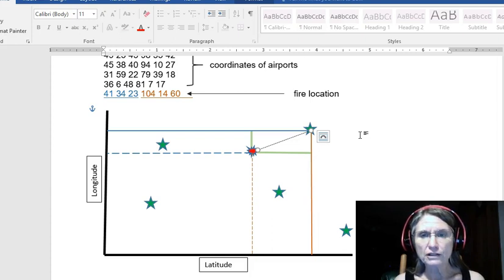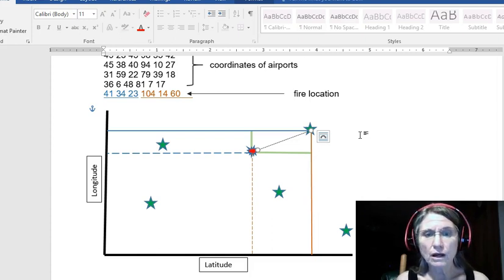That will indicate to you which airport from which to dispatch planes. All right. I hope this sets you on a firm footing, and start looking at the problem so that you have plenty of time to think it through.